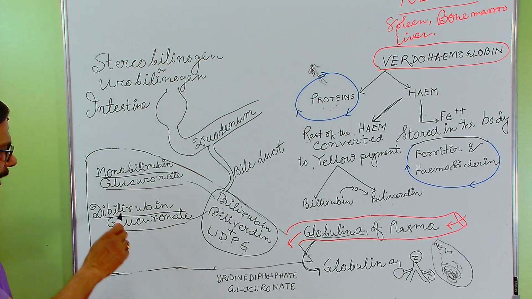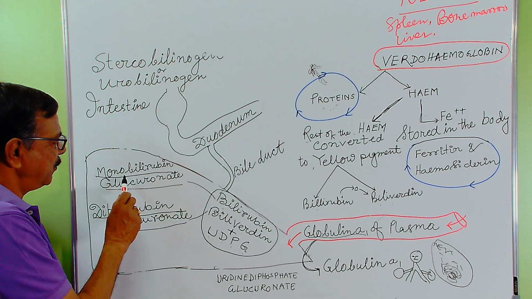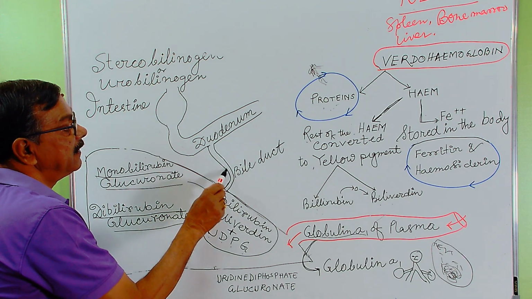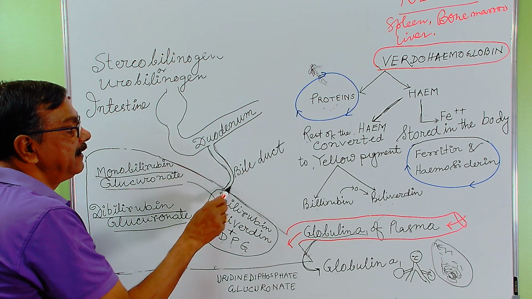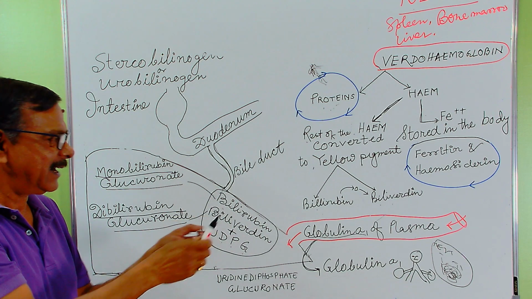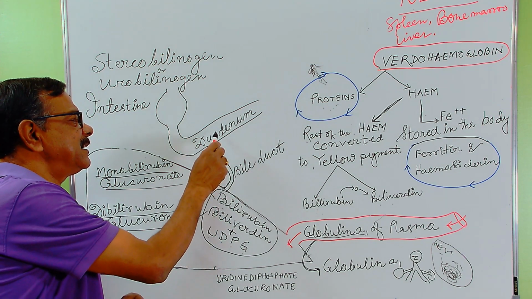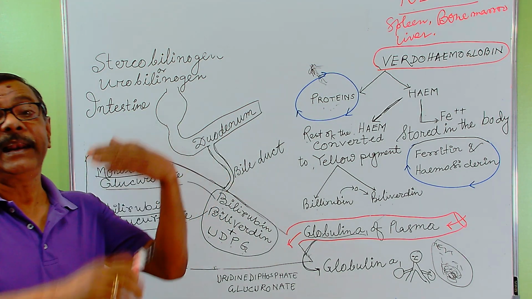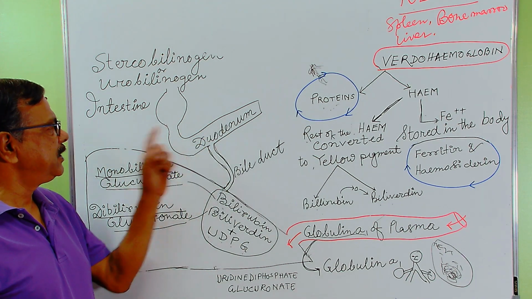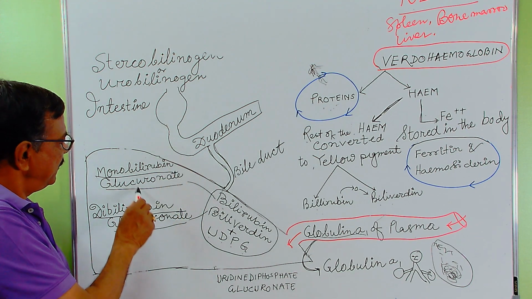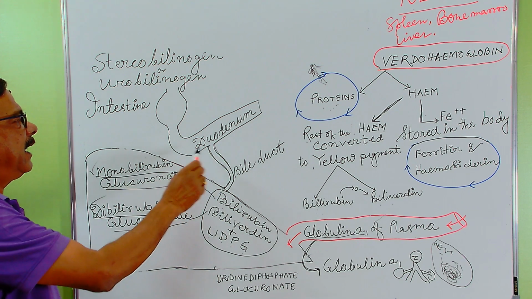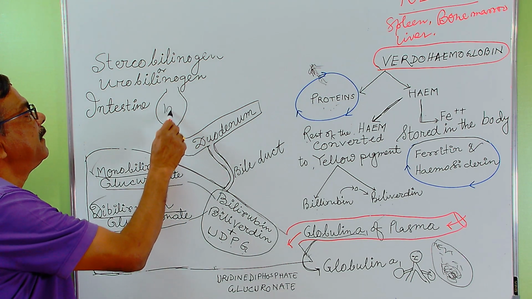Okay. Now this monobilirubin and dibilirubin enters through the bile duct. Liver has the bile duct, common bile duct, and through the bile duct it enters the duodenum of our alimentary canal. So within this duodenum, this monobilirubin and dibilirubin enters, and it goes to the intestine.